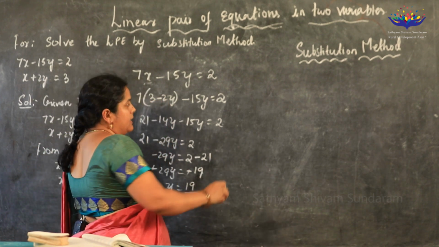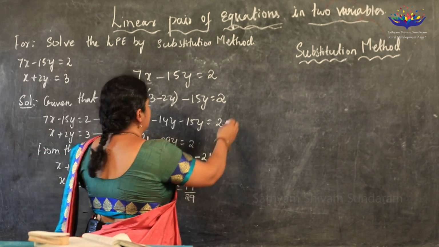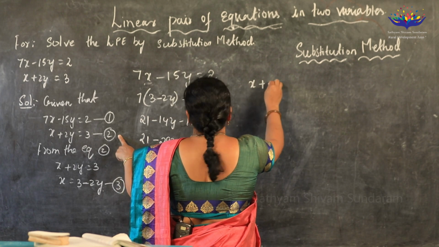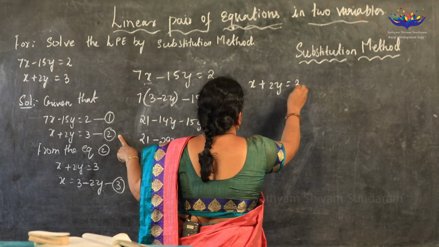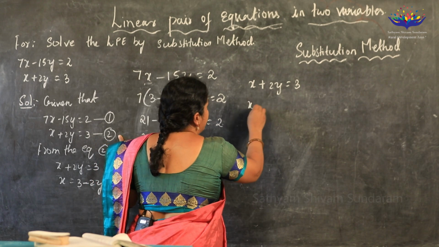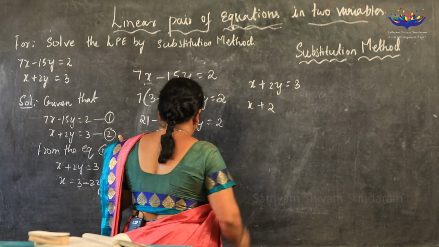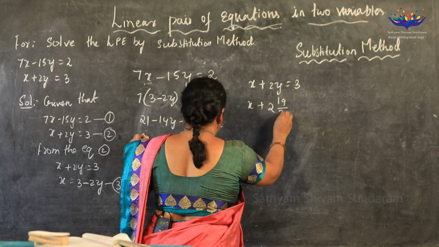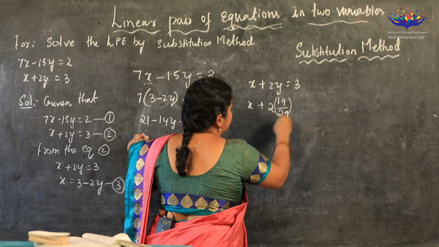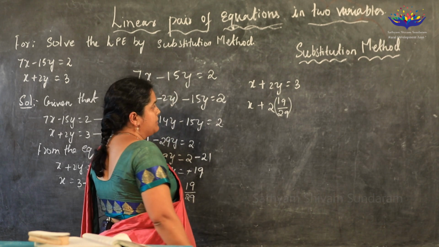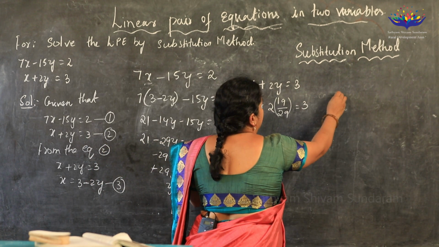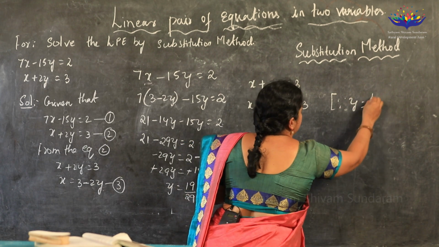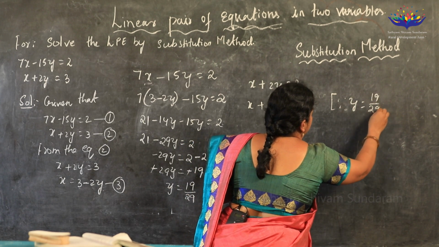Now I will take the second equation, that is x plus 2y is equal to 3. So x plus 2 into 19 by 29 is equal to 3, since y is equal to 19 by 29.